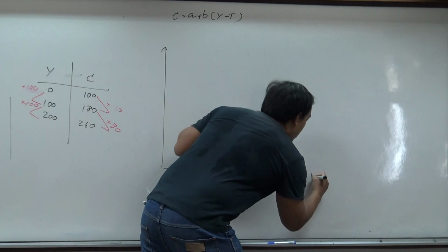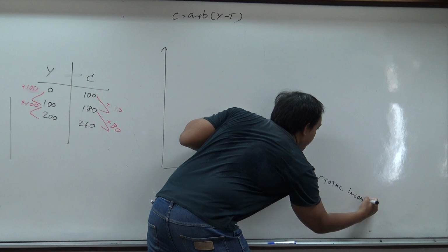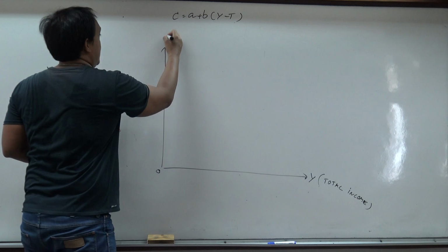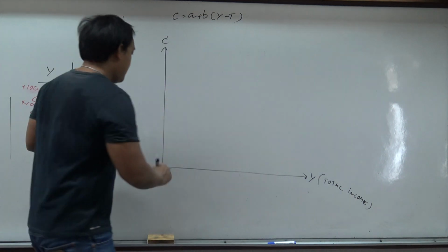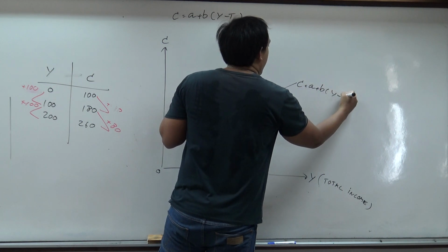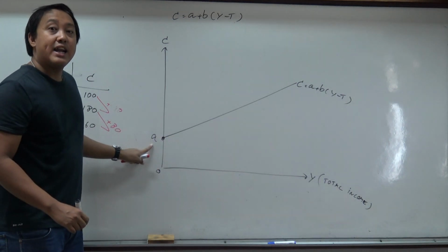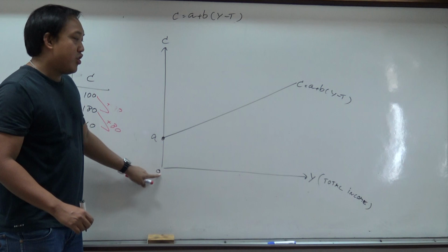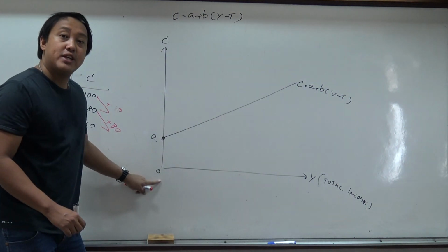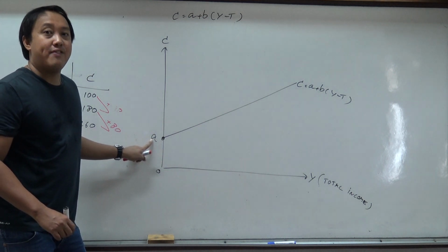This is Y, the total income, and C, the consumption curve, looks like this. This is point A, the starting point. If you don't have any income at all, if income equals 0, you need at least A. You need at least A baht to survive a day.